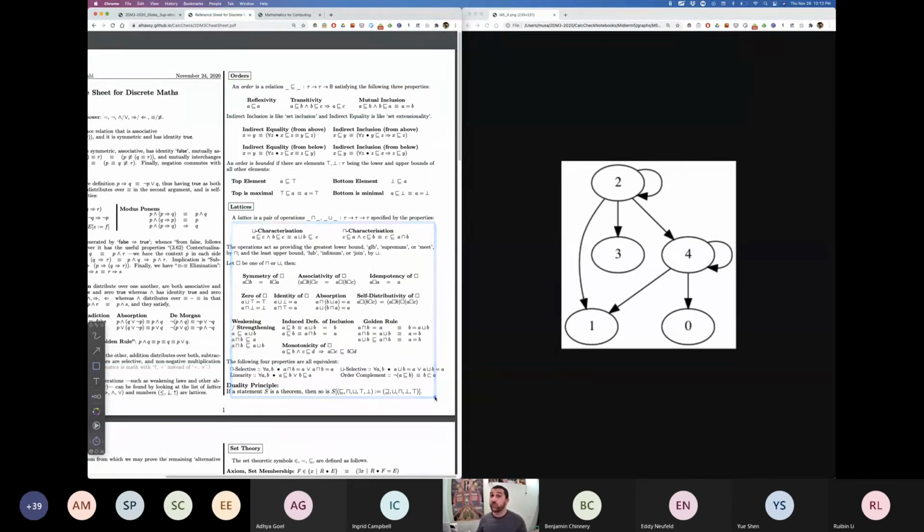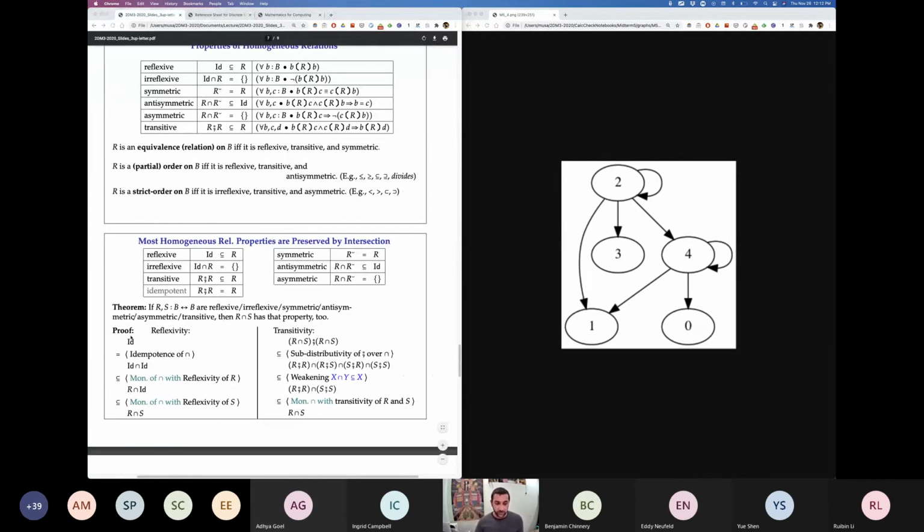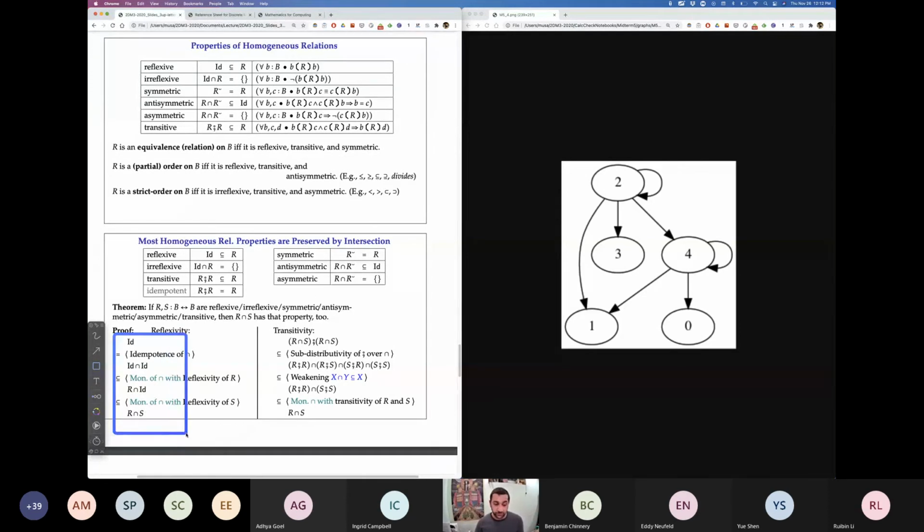Right? This abstract reasoning, sometimes for the rest of the class, we'll refer to it as relational reasoning because we're talking about relations. It just means we're not using quantifiers anymore. So here's a proof that if two things are reflexive, then their intersection is reflexive. Okay, so let's pause for a minute.